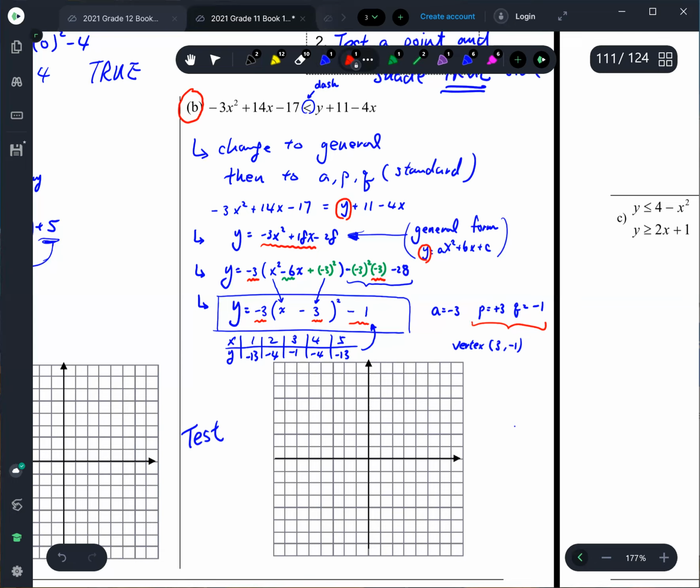Okay, we have 3, -1 as our vertex. 4, -4. 1, 2, 3, 4. This is a dashed line, so it goes like this.